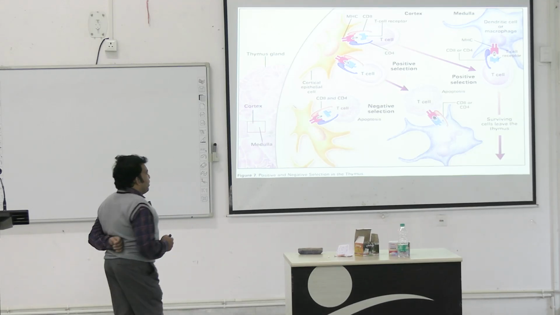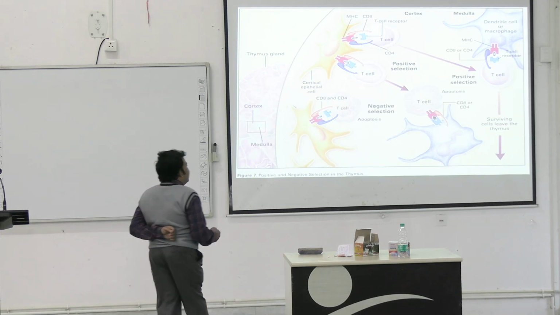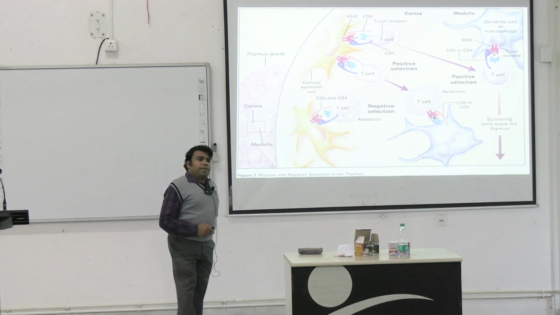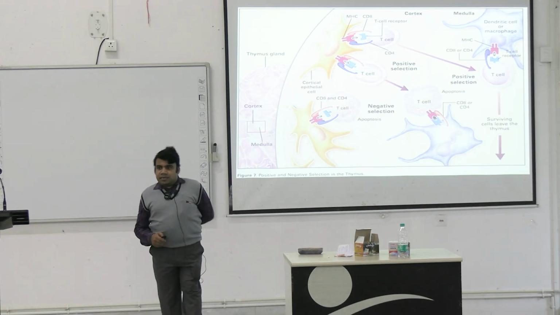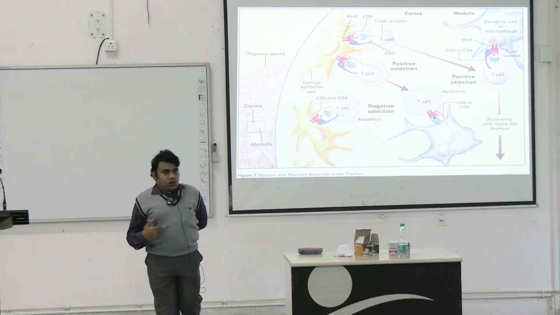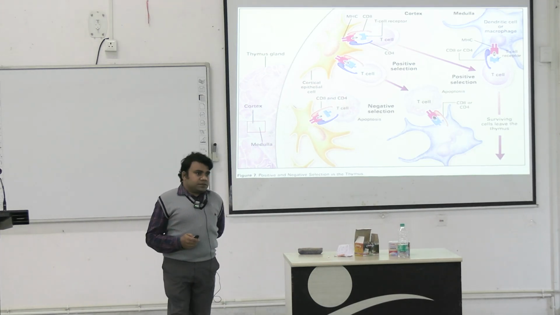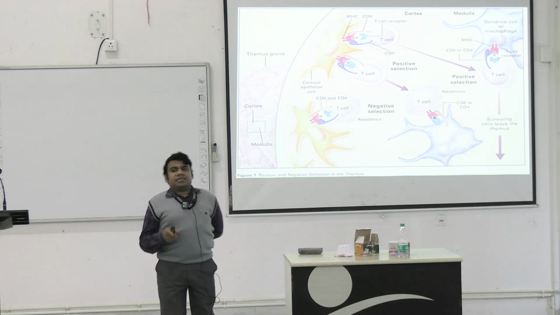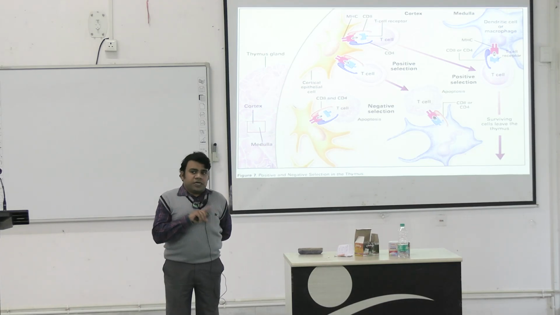The next thing that happens is what we call negative selection. Why is negative selection important? So that any self cell or human cell is not damaged. And if any T cell recognizes a human cell antigen, it will be killed.